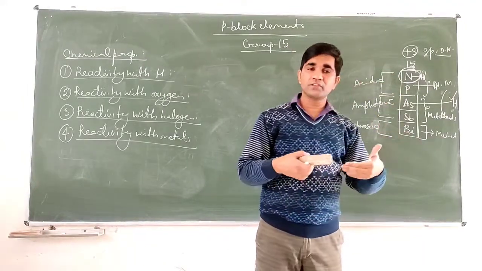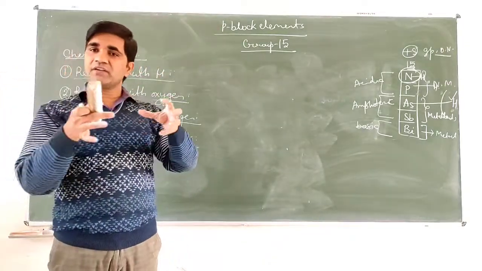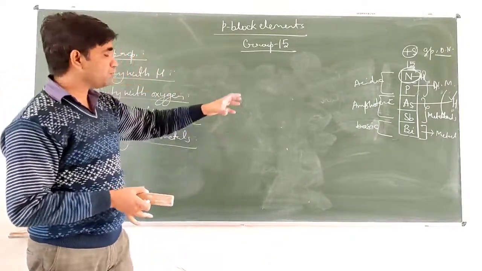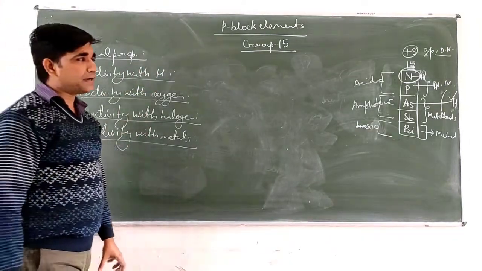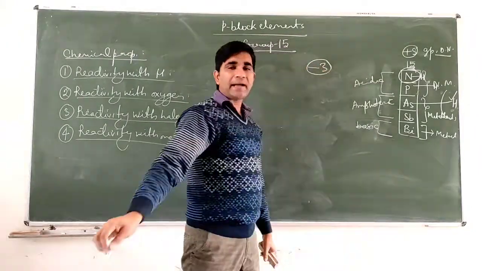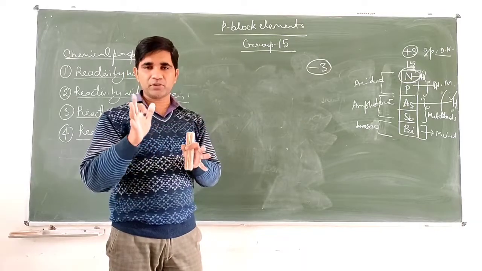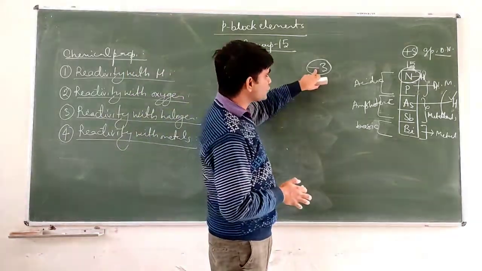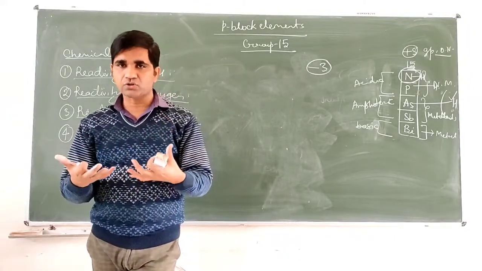A metal cannot react with a metal; they can only form an alloy if present in different proportions. As we discussed earlier, the tendency to exhibit -3 oxidation number is a non-metallic property. Only non-metals can exhibit -3 oxidation number.